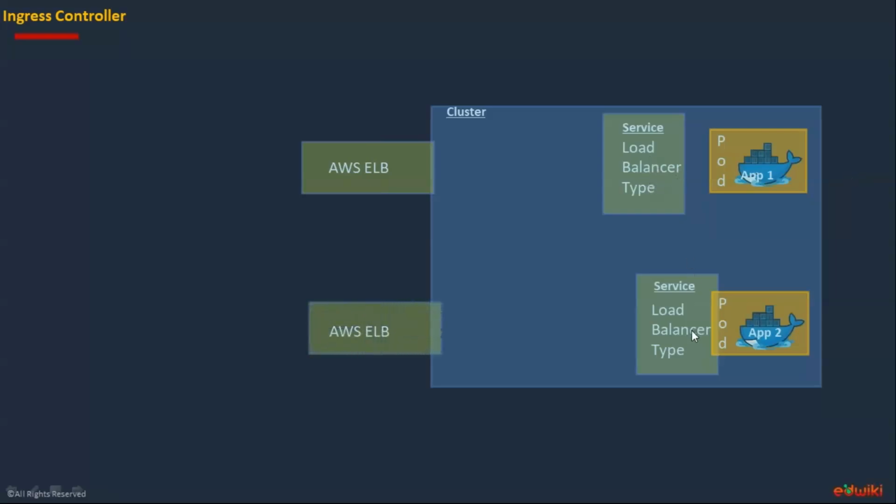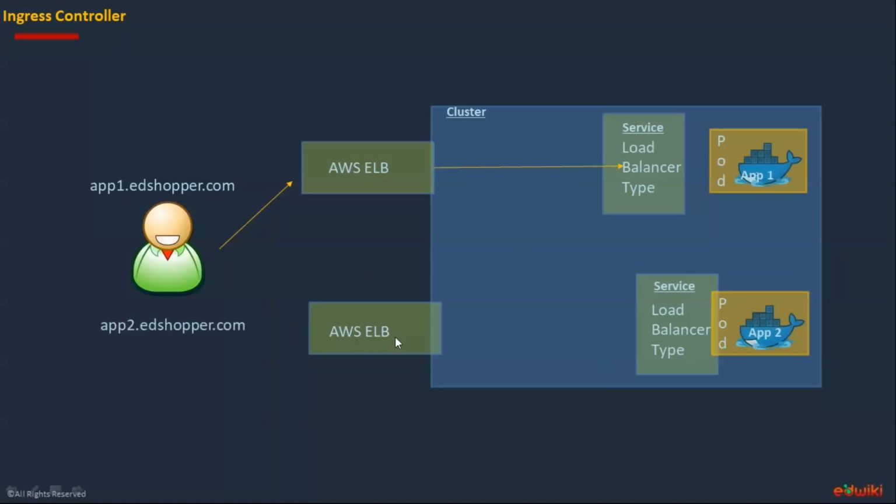Each load balancer type of the service will be creating its own corresponding AWS load balancer, and you maintain the resolution accordingly in your DNS, right? The request that comes to the first load balancer will be routing the traffic to the first service going to the first app. The request that comes to the second load balancer routing the traffic to the second service that is going to the second app. This is what we have done so far, correct? I'm just repeating the stuff.